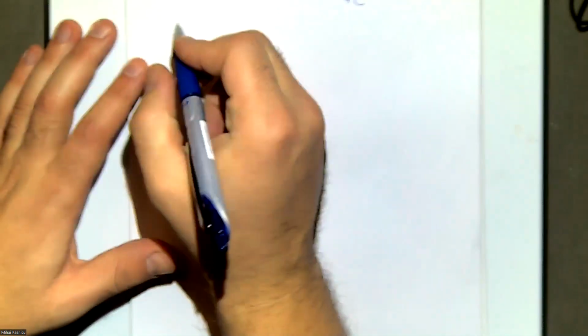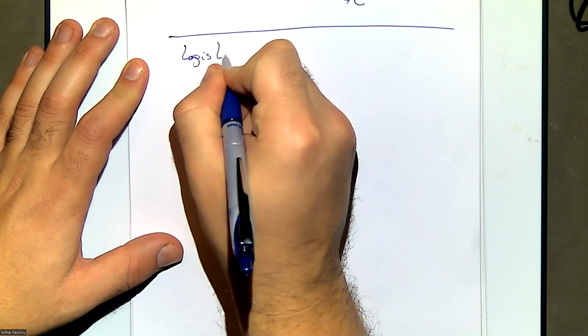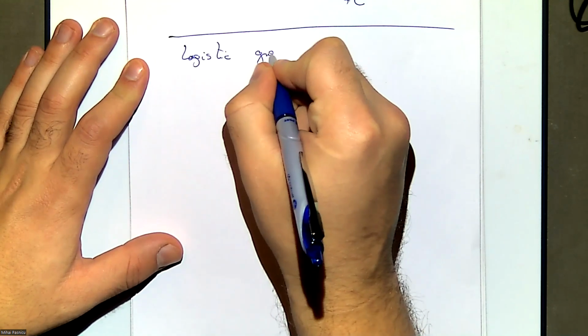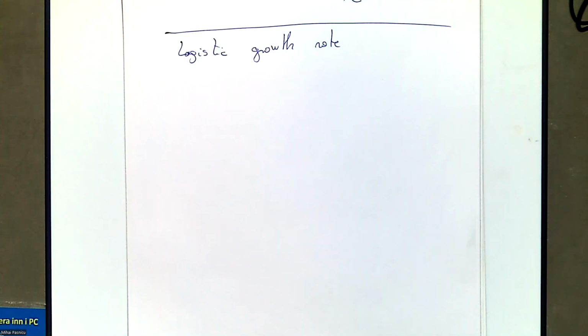Now, let's see if we can take a more elevated example, which actually might be from econ. So this is called the logistic growth rate. Okay.